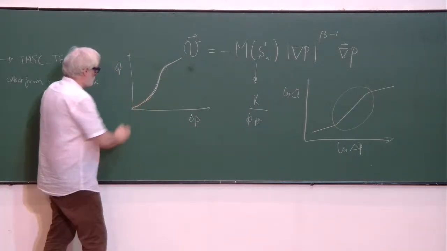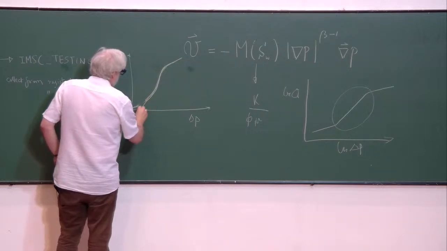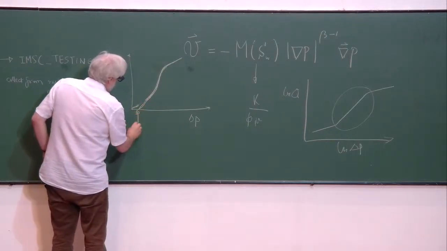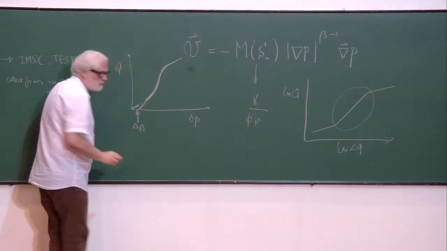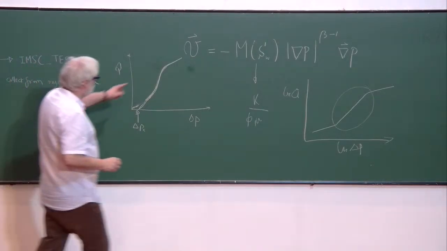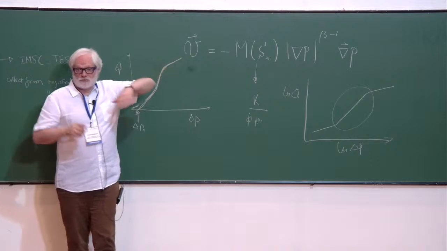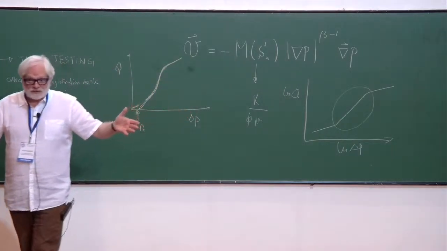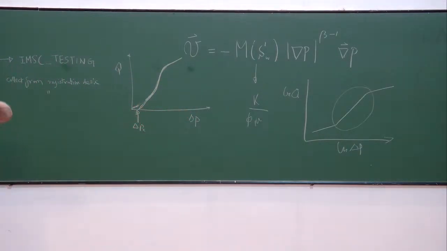This would be a delta P_C, threshold pressure. But the final part of it goes back to linear, because that's where all the interfaces are just moving along.